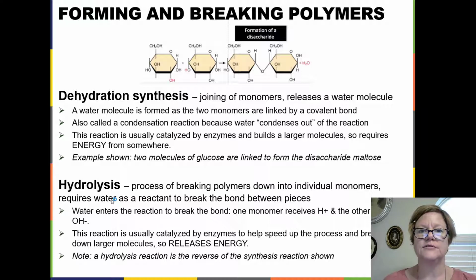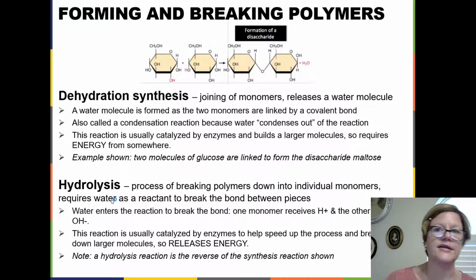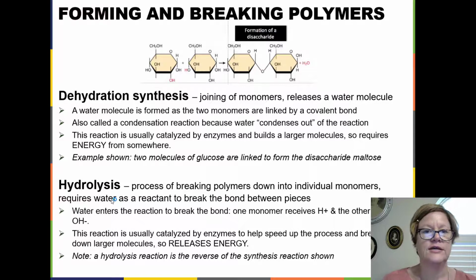So sometimes monomers are joined together to make polymers. Other times polymers are broken down by the addition of water to make monomers. So both things will happen in the cell. The cell is constantly building and breaking down different polymers from the monomers. All right, so water is needed as part of the hydrolysis reaction.